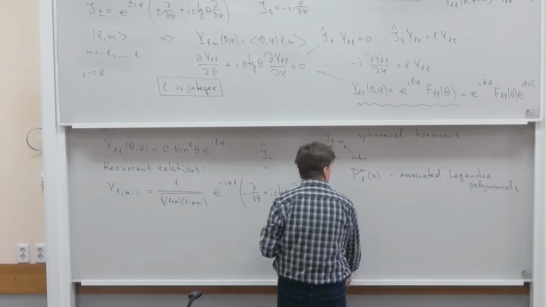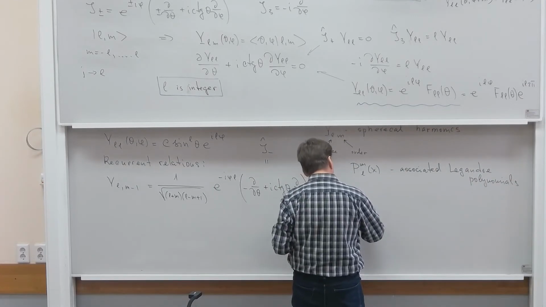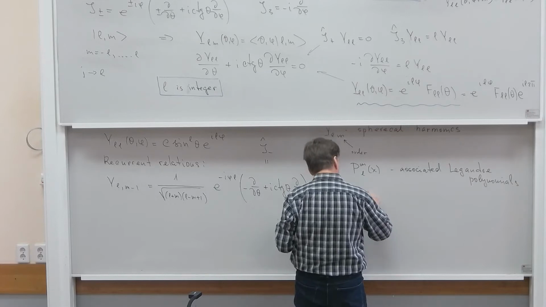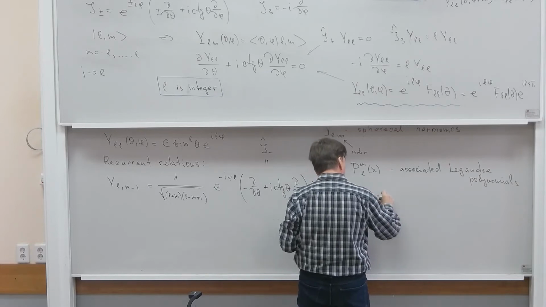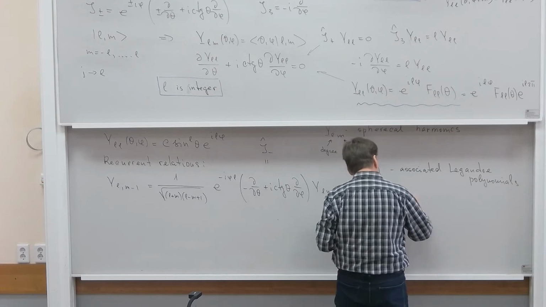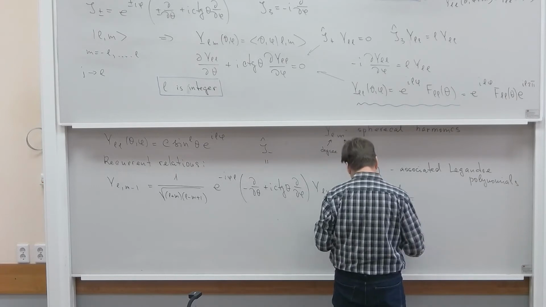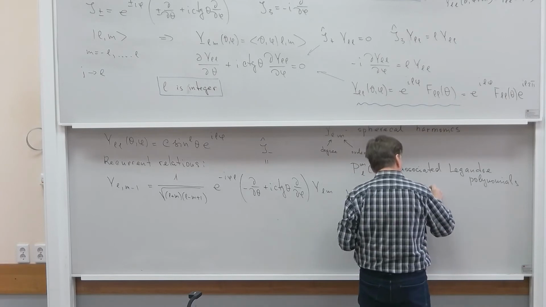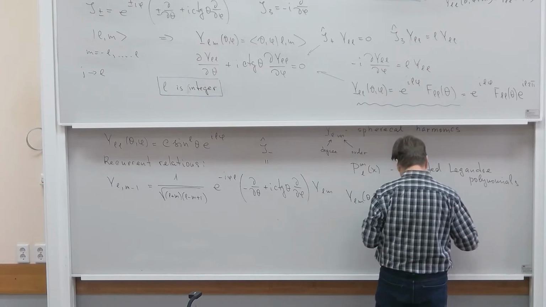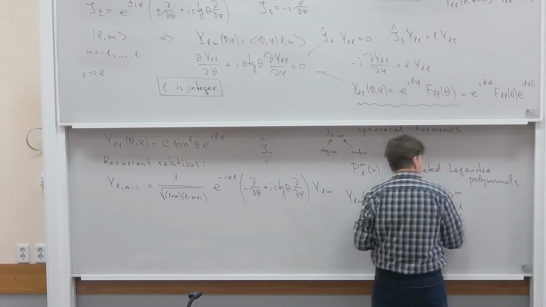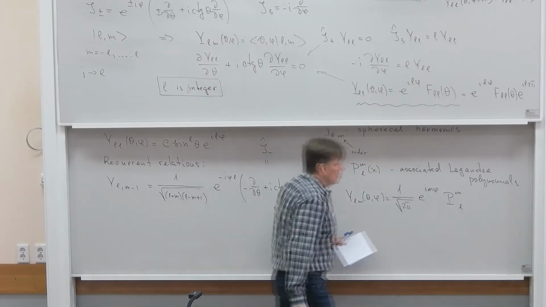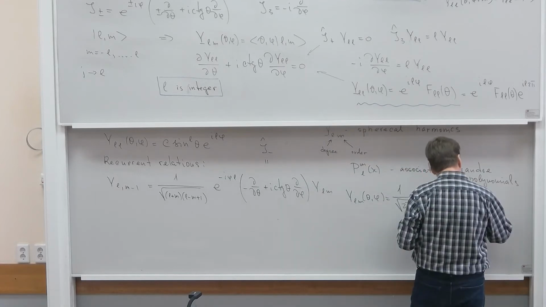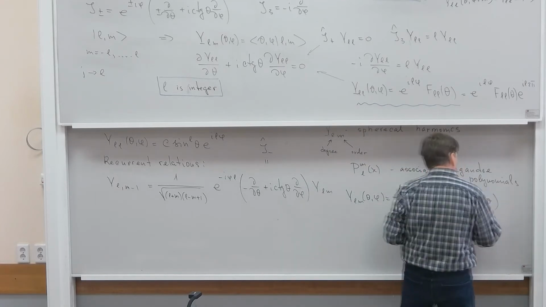Namely, we can write Y_{L,m}(theta, phi) as 1 over square root of 2 pi, e to the i m phi, times the Legendre polynomial of cosine theta.